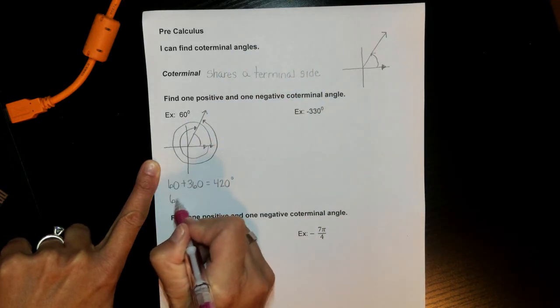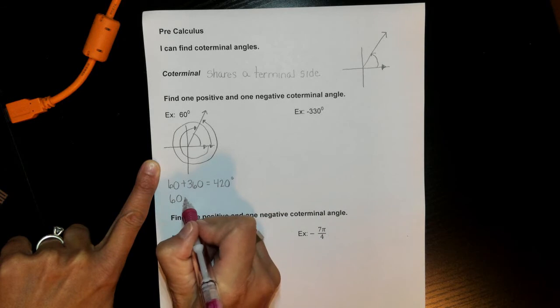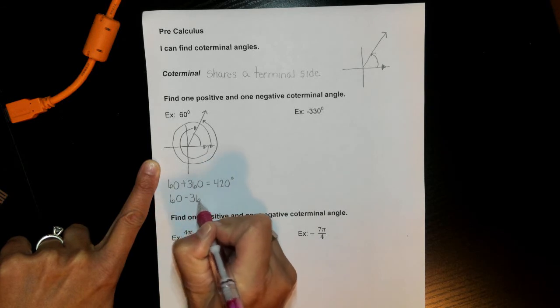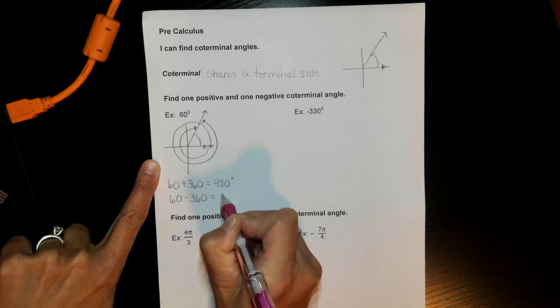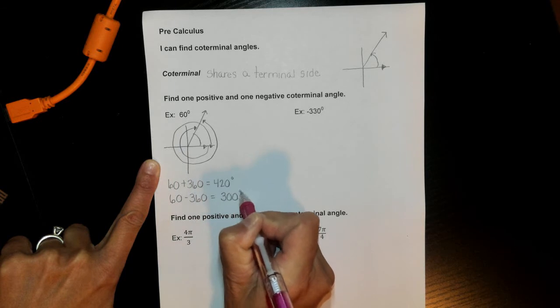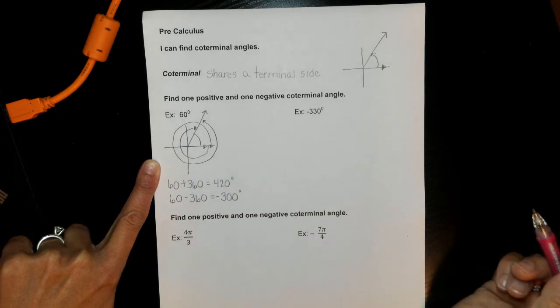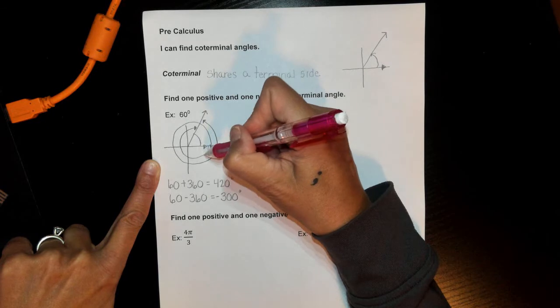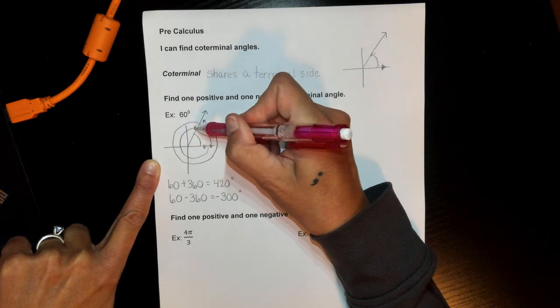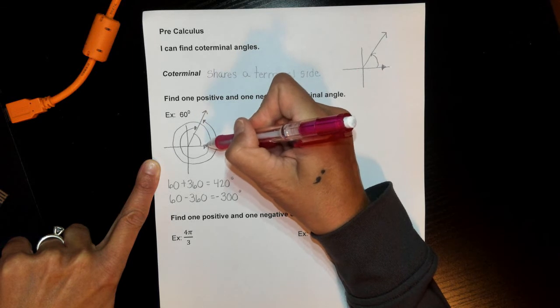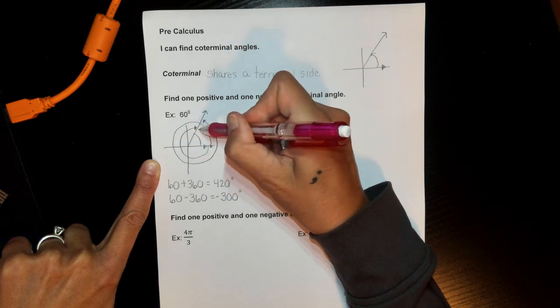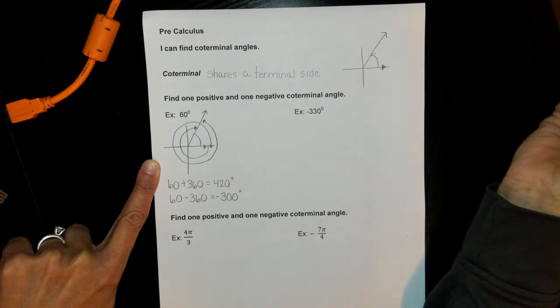How this will work then is if I take my 60 and this time subtract 360 from it, my negative coterminal angle is negative 300, because I went down to the terminal side, and then the rest of it was 60 degrees. So 360 makes a complete circle.